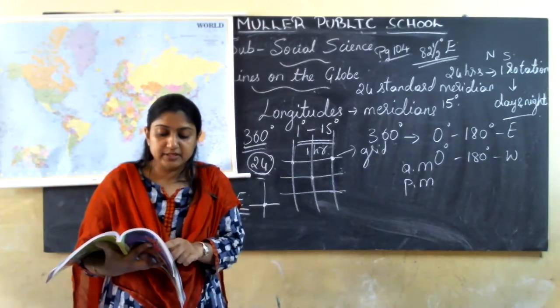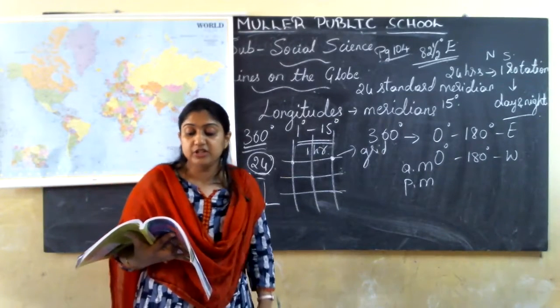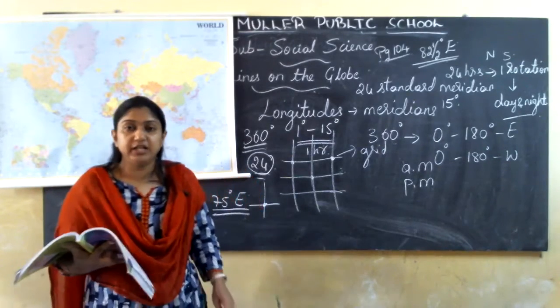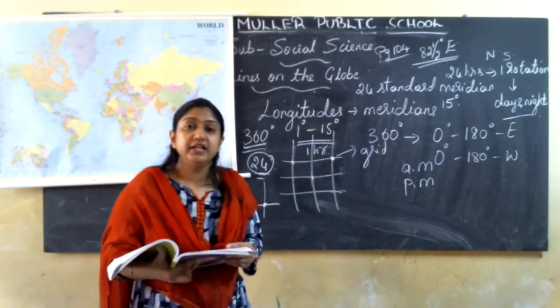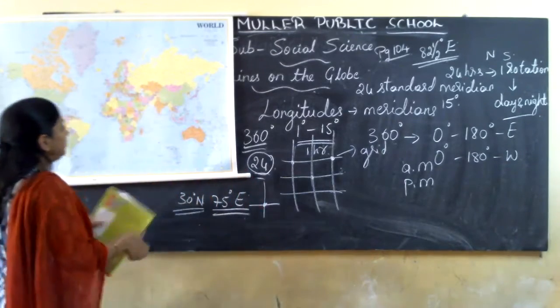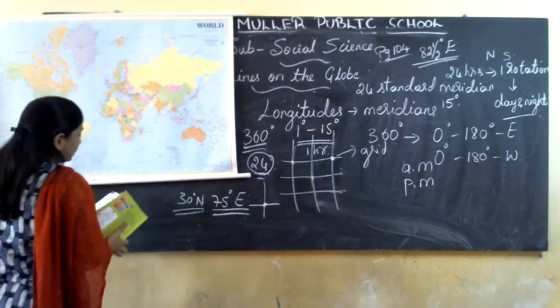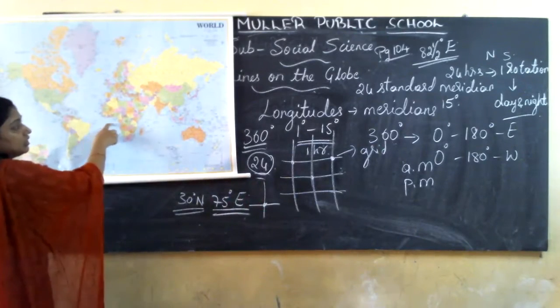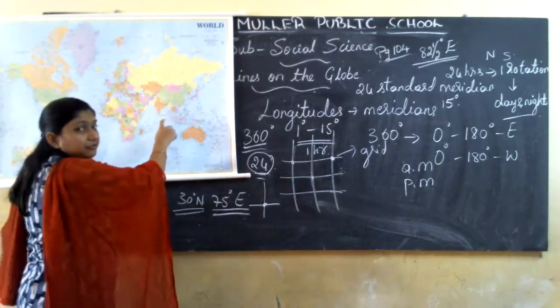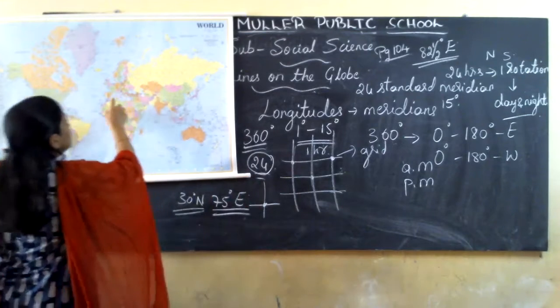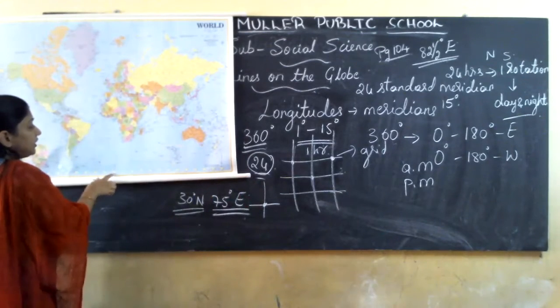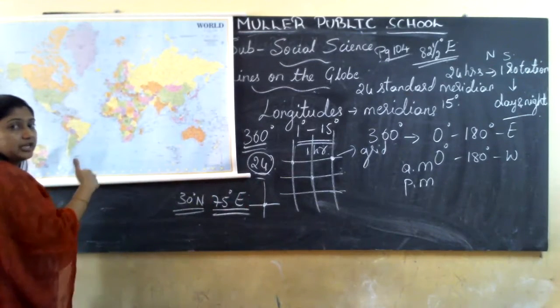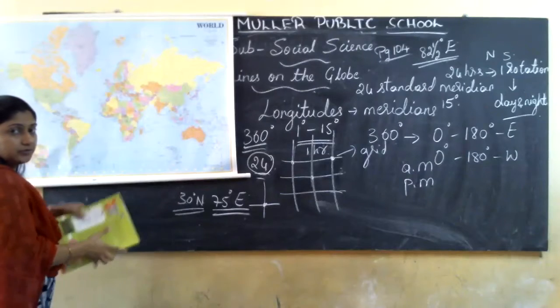Its local time is known as Greenwich Mean Time, GMT. So IST means Indian Standard Time, and GMT is used to calculate time globally. The standard time may vary, but GMT is a fixed time by which time is calculated globally, for the entire world.